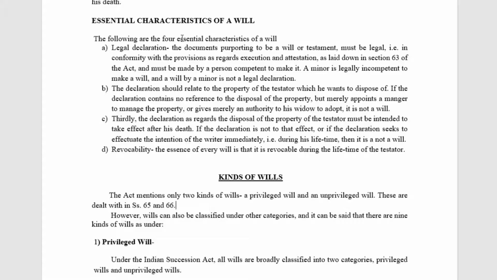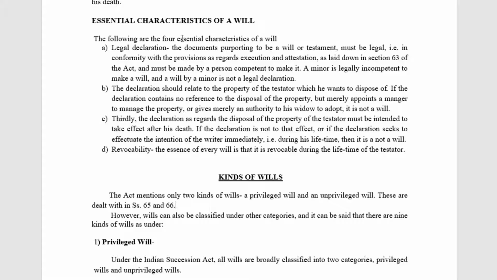That means a deaf and dumb person can also make a will, and an ordinarily insane person cannot make a will, but when he is in a good condition, when there is no insanity, he can make a will. And a person under intoxication cannot make a will.